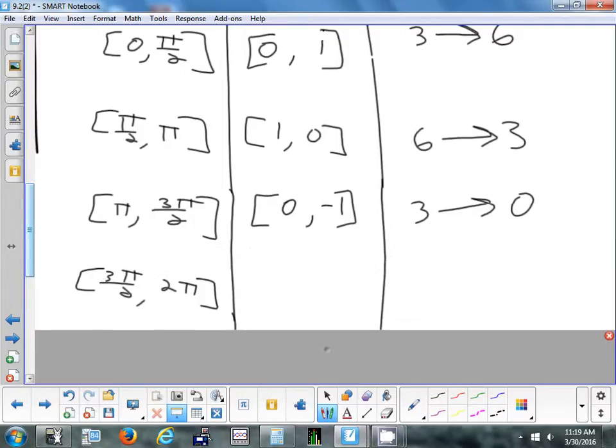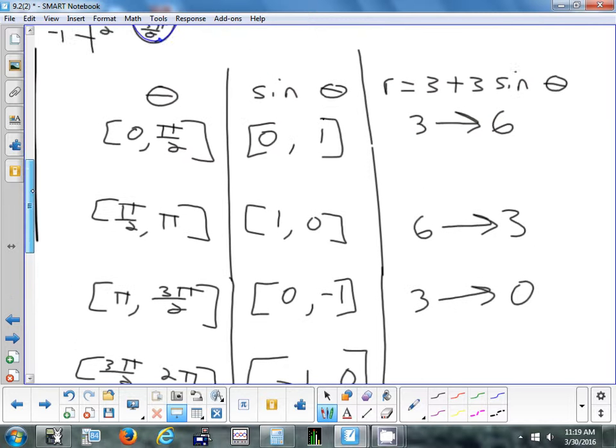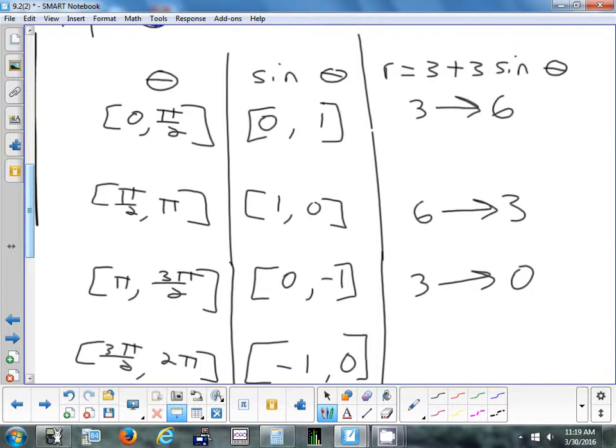Okay. What happens to your sine function as you go from 3 pi over 2 to 2 pi? You go from -1 back up to 0. Right. What's 3 times -1? Plus 3? 0.